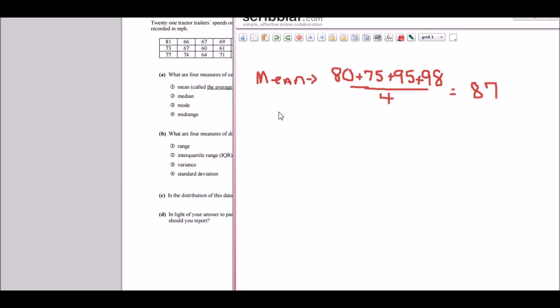Median, though, is a little bit different. Median means the very middle number. So let's take some numbers here. This is going to be extremely random, just making this up off the top of my head.